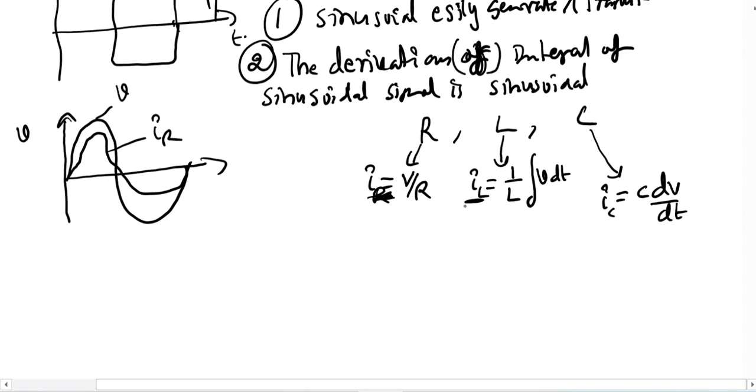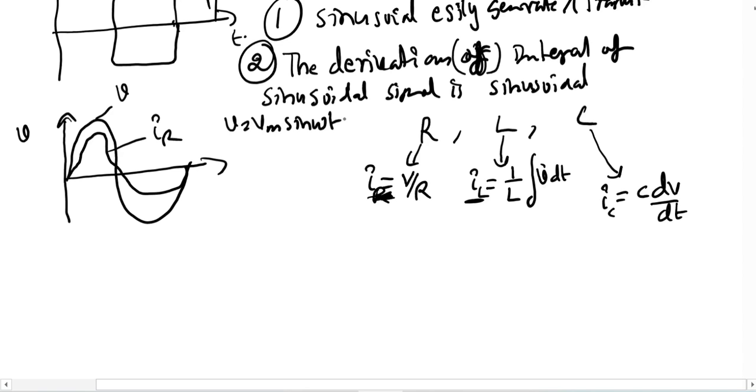Again, to find IL, we integrate the voltage. What is V? V is Vm sin omega t.